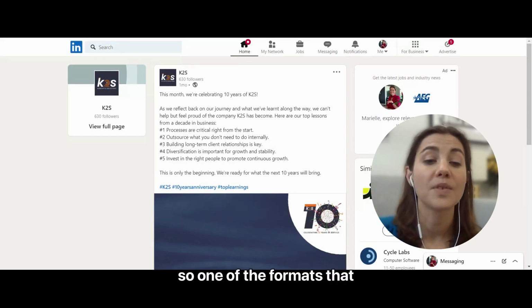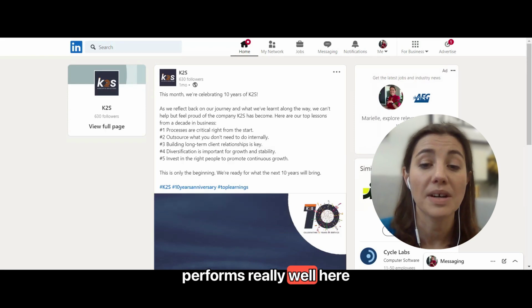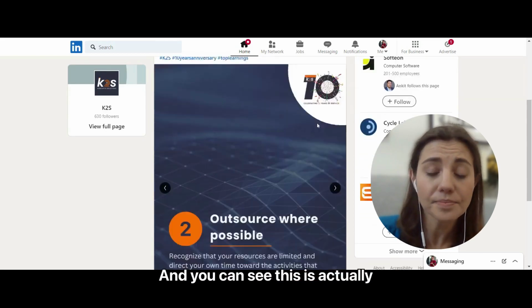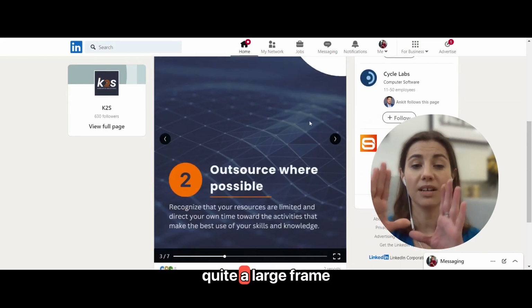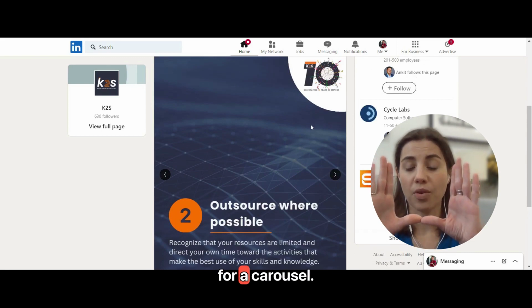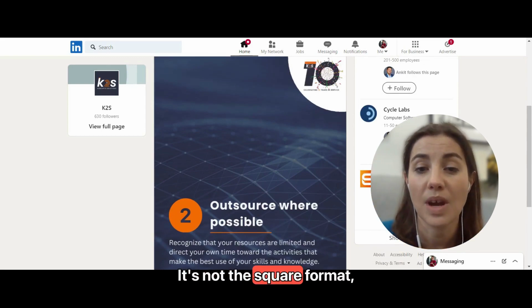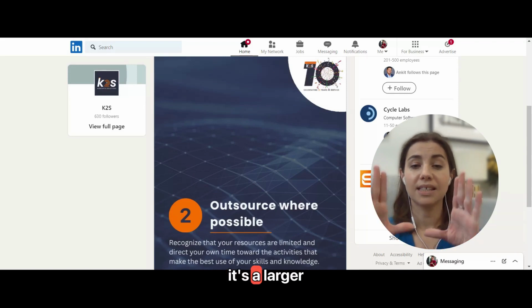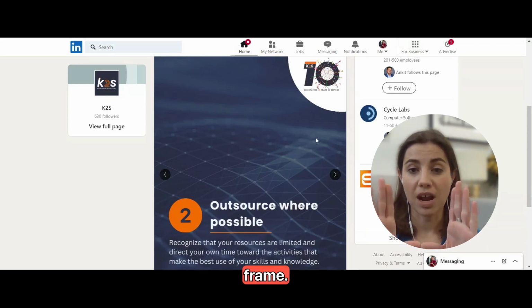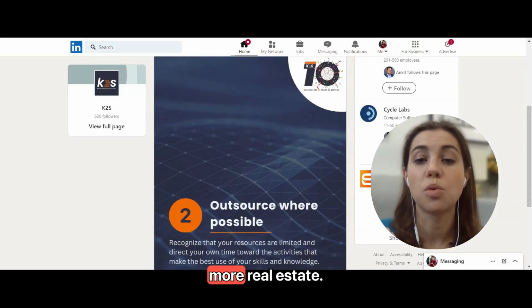So one of the formats that performs really well here is actually carousels. And you can see this is quite a large frame for a carousel. It's not the square format, not the 1x1. It's a larger frame, so it's taking up much more real estate.